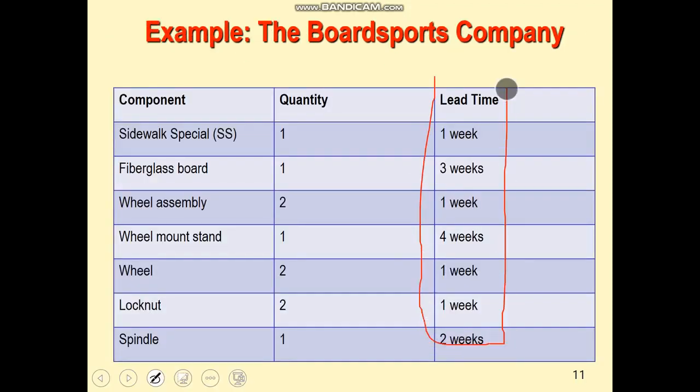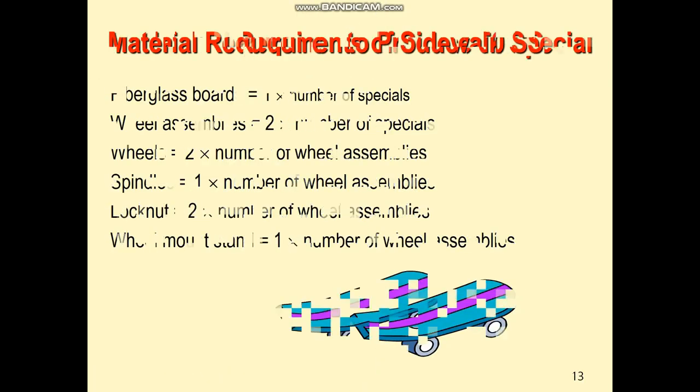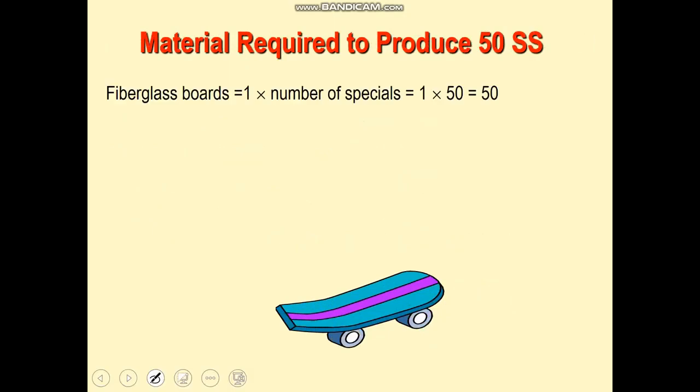I already mentioned earlier, the lead time to make the sidewalk special is 1 week. For the fiberglass board it is 3 weeks. So based on this lead time, we will make the master schedule for the products.